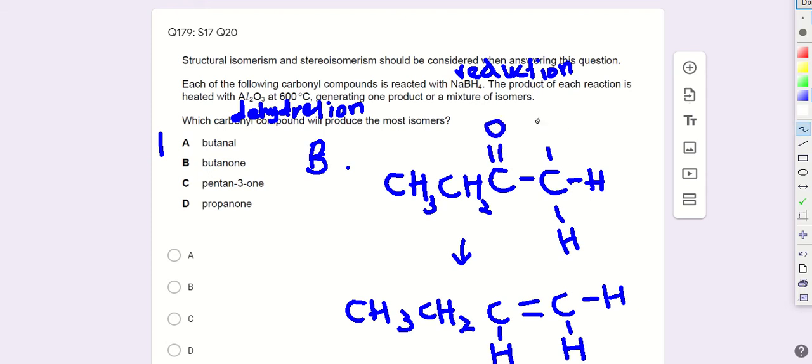Right, this is butanone. Now butanone first undergoes reduction, which will give us a secondary alcohol. Yeah, so here I'll get a secondary alcohol.